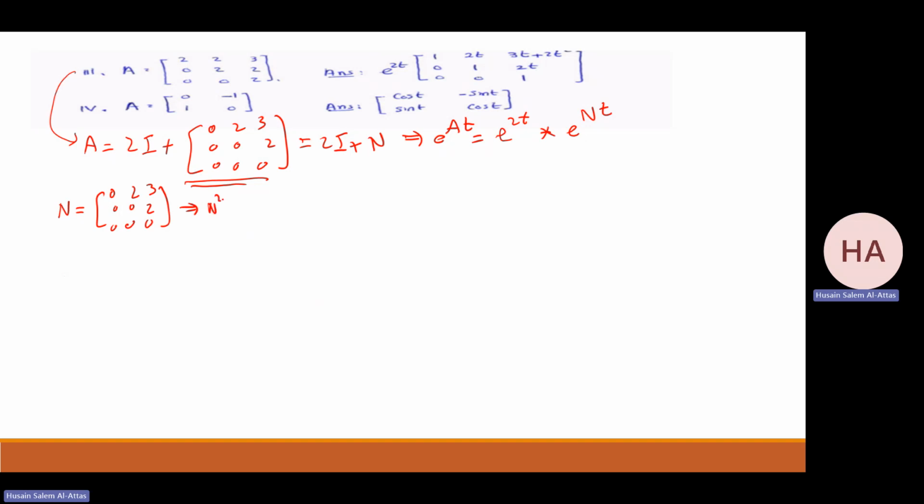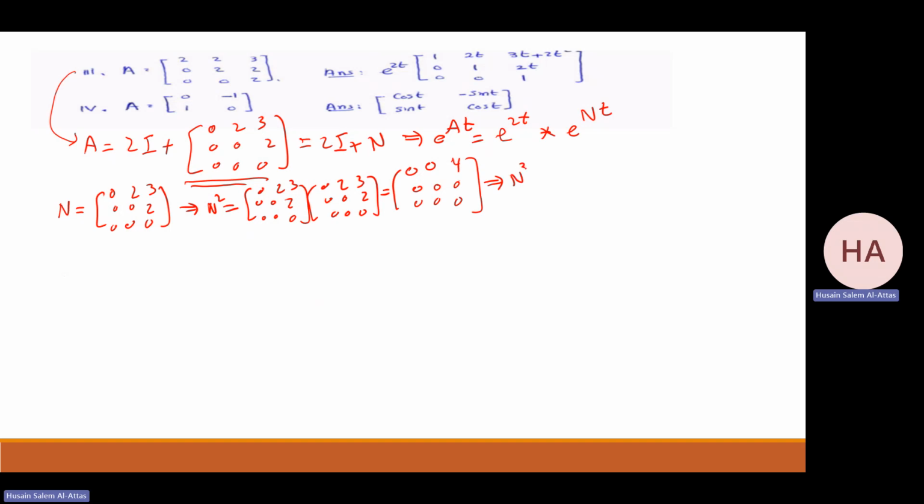What will be N squared? 0, 2, 3, 0, 0, 2, 0, 0, 0 times itself. What will you get? This gives me 0, 0, then I have 2. First row, third column, 2 times 2, that will be 4. And the rest, I think, are zeros.